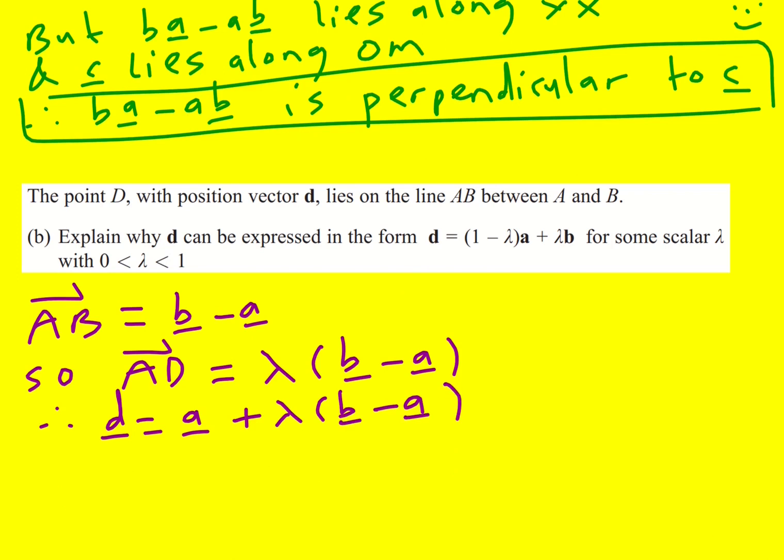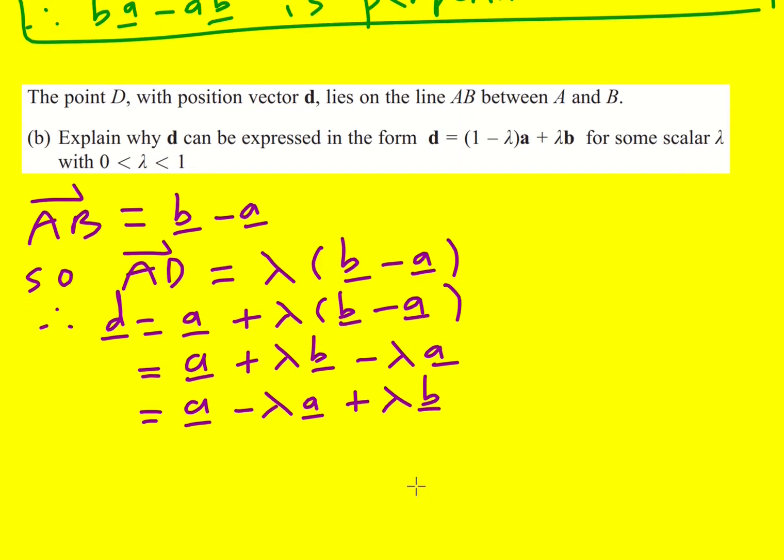This actually comes together quite quickly. Now, I've not quite got it in this form, so I'm going to need to expand the bracket. Let me write it as this first: A minus lambda A plus lambda B. And I've got a common term of A, which I'm going to put afterwards.